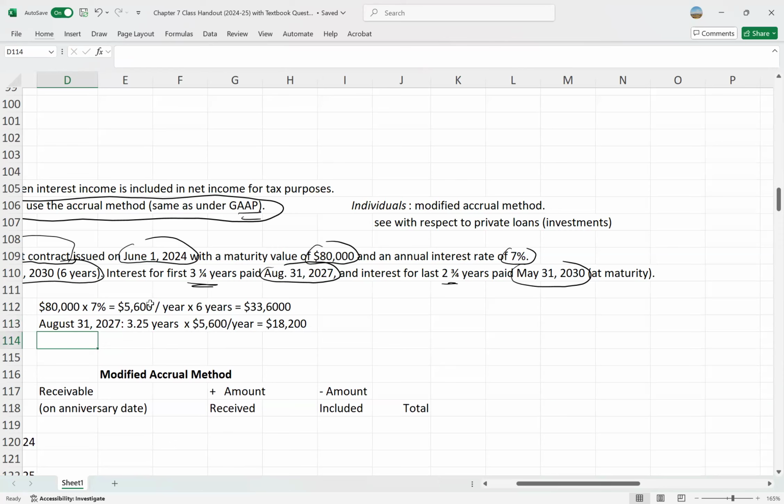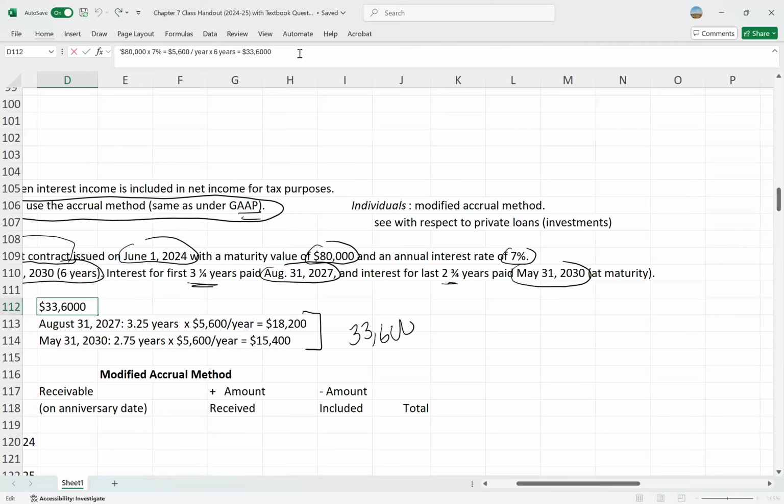The last payment of interest will be paid at maturity, May 31st, 2030. This is for the last 2 3/4 years times 5,600 per year, so that last payment will be 15,400. And you'll notice that the total is 33,600.